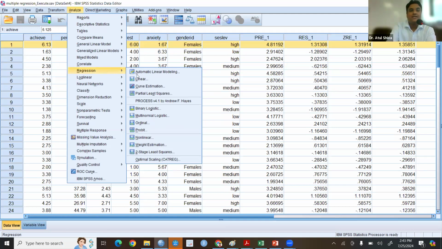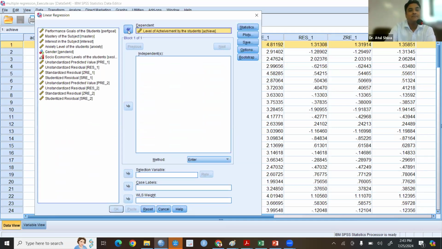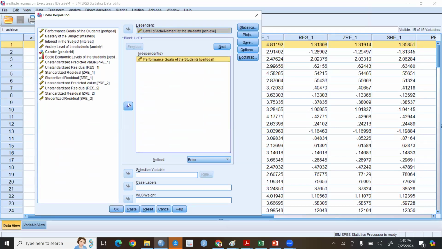We want linear regression. It will ask me what my dependent variable is. So the DV is my CGPA, and performance goal is my independent variable. If one IDV is there, we are working with simple regression. It is a parametric test.